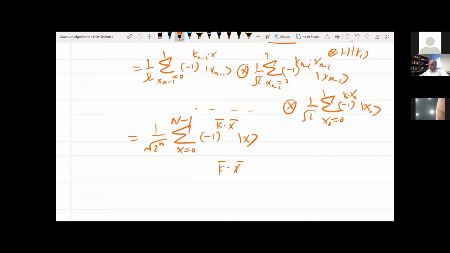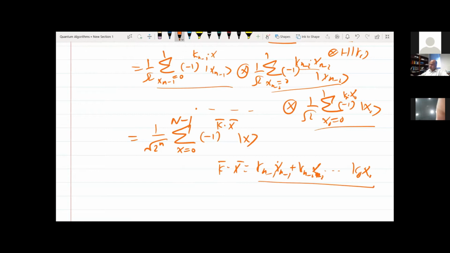So this k dot x is essentially k_{n-1} x_{n-1} plus k_{n-2} x_{n-2}, all the way to k_0 x_0. Because when I combine these product terms, all these powers would add up and they will become this. And this state x_{n-1}, x_{n-2}, x_0, I have given them label x.